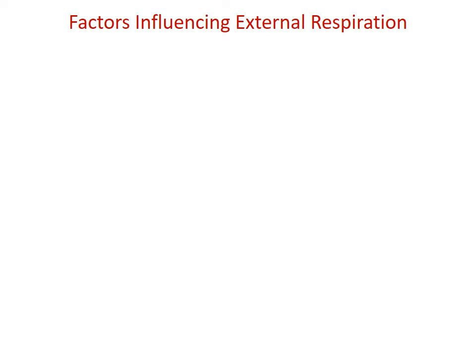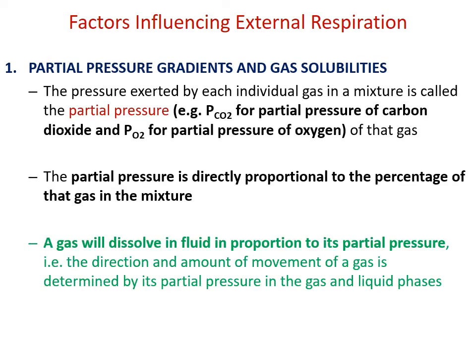Factors influencing external respiration: partial pressure gradient and gas solubilities. The pressure exerted by each individual gas in the mixture is called the partial pressure. Partial pressure is directly proportional to the percentage of the gas in the mixture.